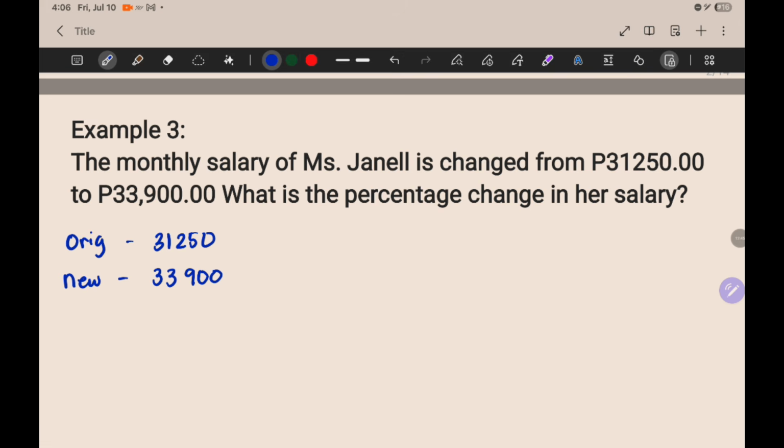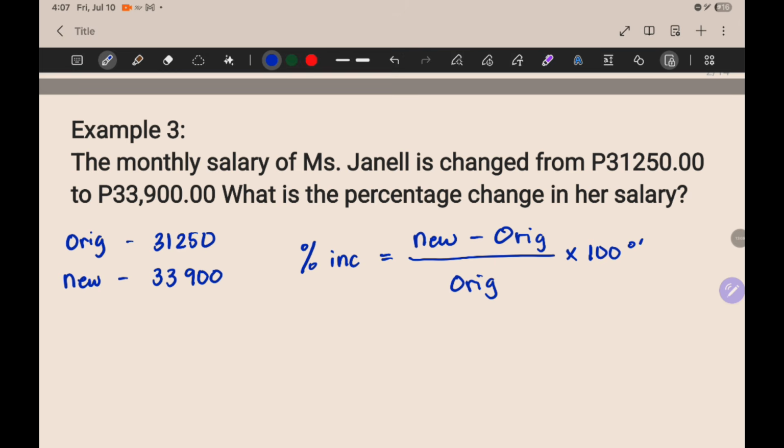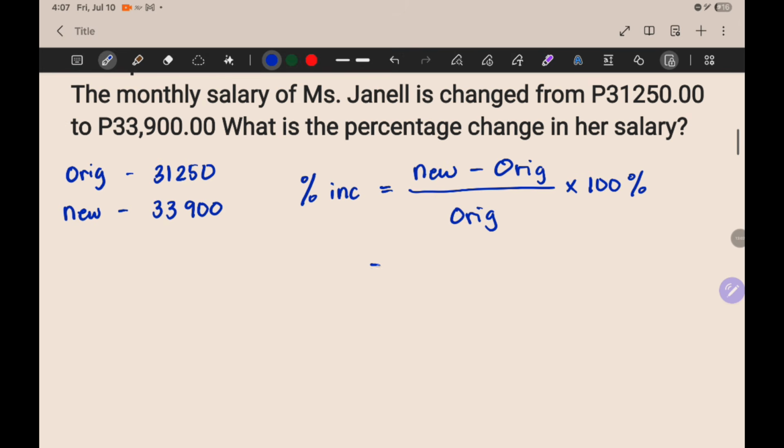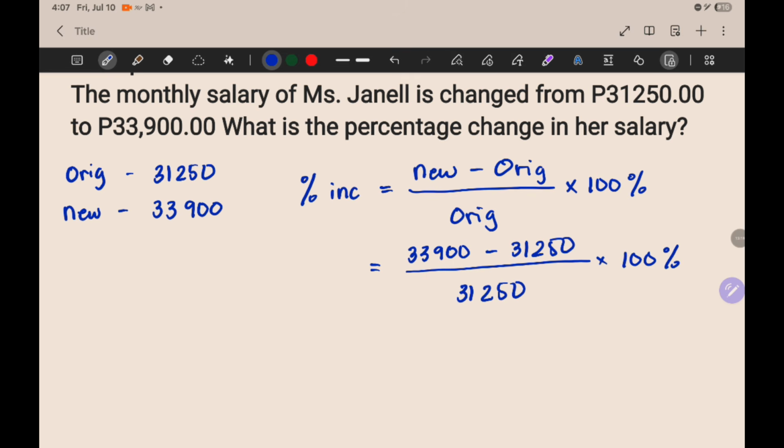So, using the formula, again, ano yung formula natin? Percentage increase is equal to the new value minus the original value all over the original value times 100%. So, substitute natin. That's 33,900 minus 31,250 over the original value, 31,250 times 100.